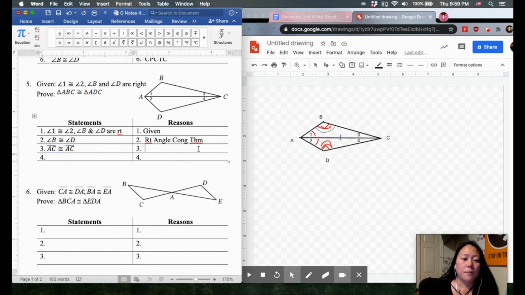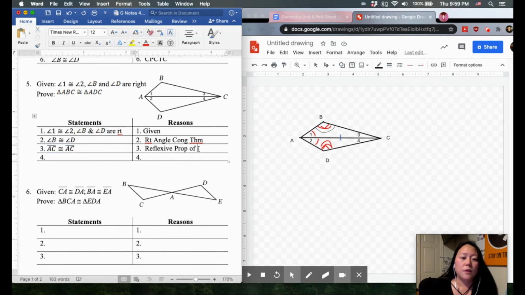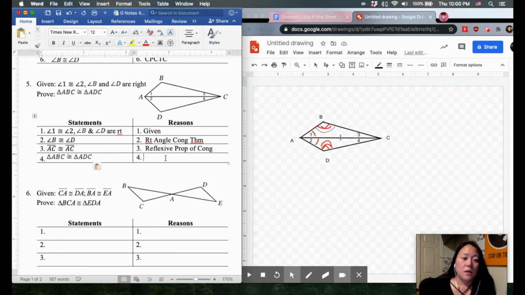So by the reflexive property of congruence. And then now we have two angles and a non-included side with two angles and the non-included side. I know that's a non-included side because the included side would be AD and AB, right in between those two angles. So I would say triangle ABC is congruent to triangle ADC by angle angle side.